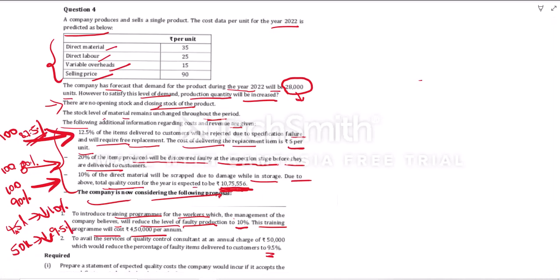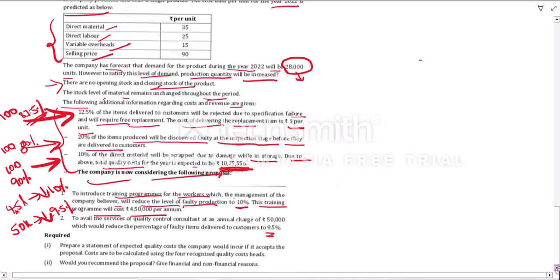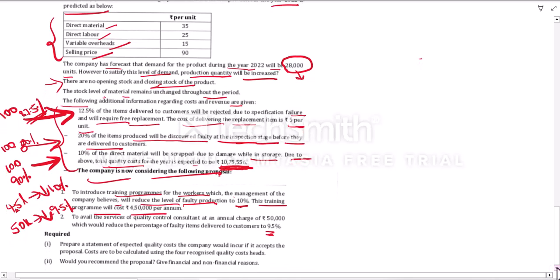Prepare the statement of expected quality cost that the company would incur if it accepts the proposal. Costs are to be calculated using the 4 recognized quality cost heads. What are the 4 quality cost heads? Preventive, appraisal, internal failure cost and external failure cost.